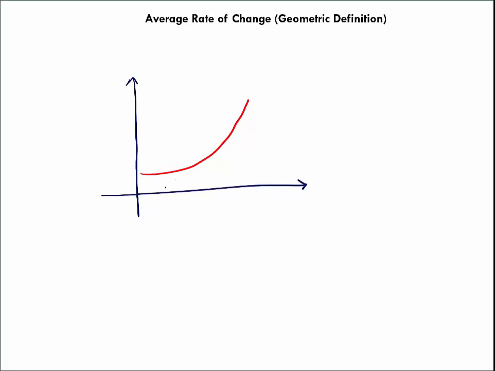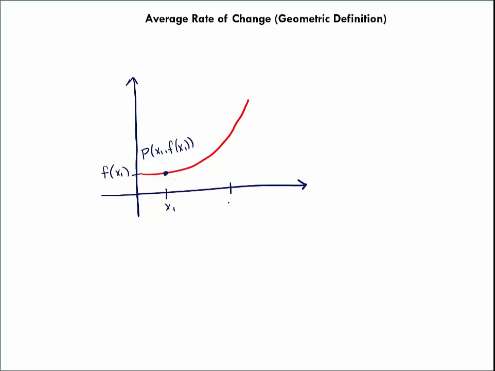So let's say this is my x sub 1, so that point right there, we'll call it P, would be x sub 1 comma our y value, which is our function evaluated at x sub 1. So that would be that point.